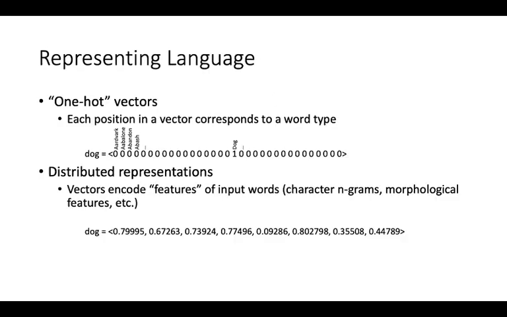So here is an overview of word representation. We know that we want to represent the word by a vector. A naive way is to represent the word by an n-dimensional vector, where n is equal to the number of words in the vocabulary. This is a very sparse vector.